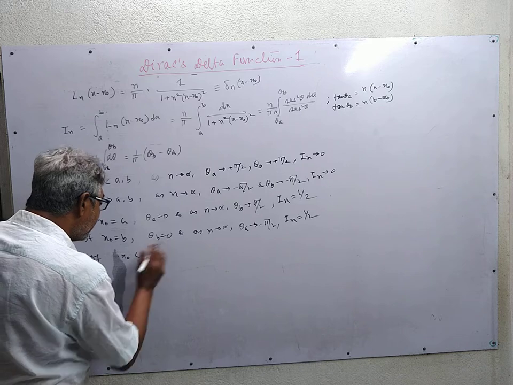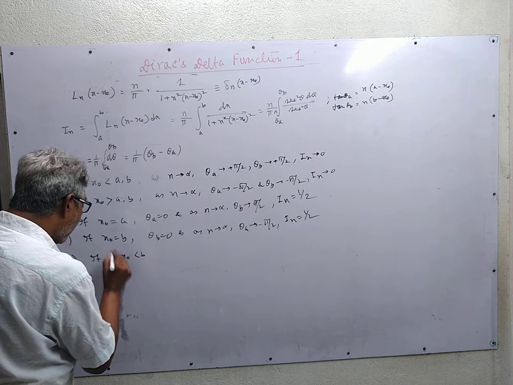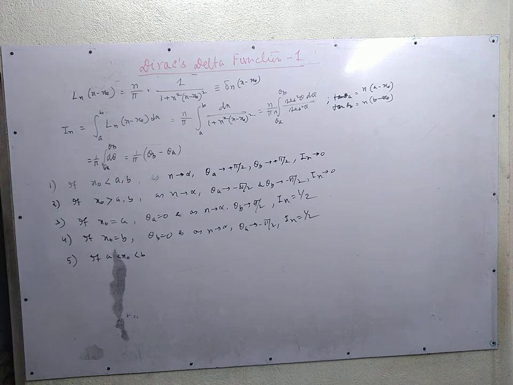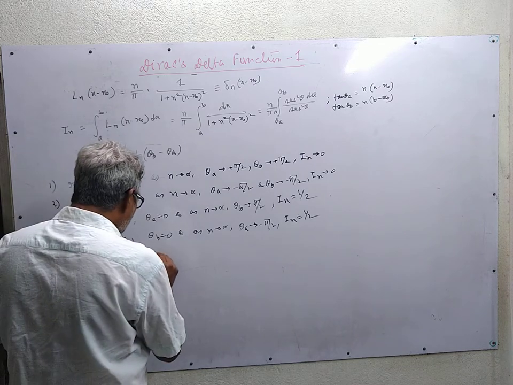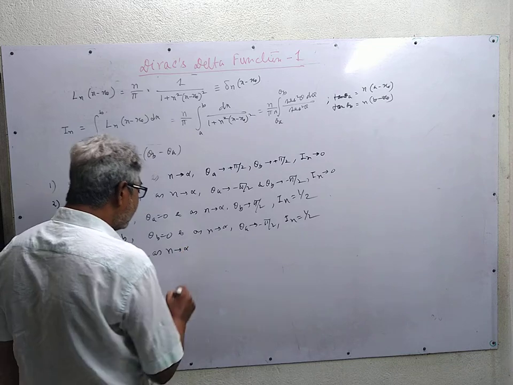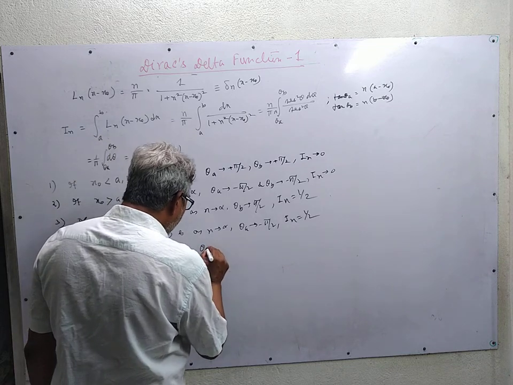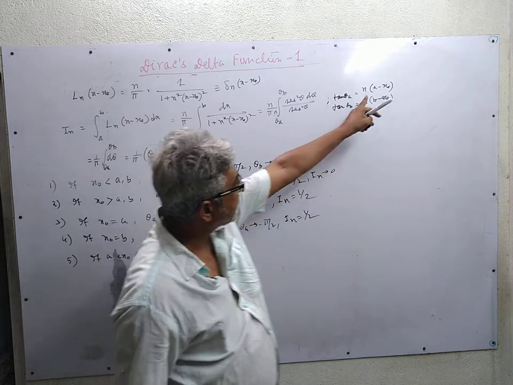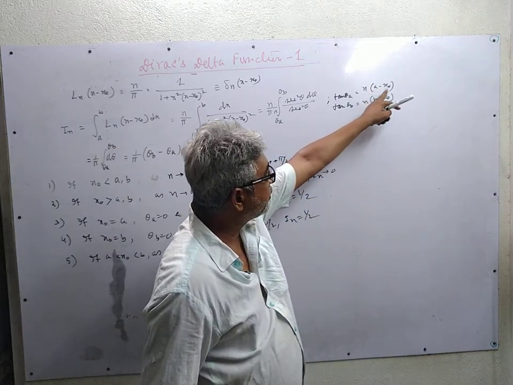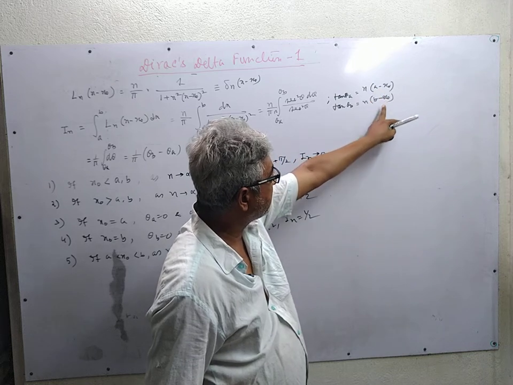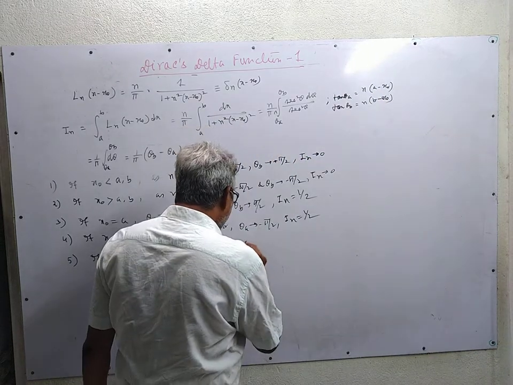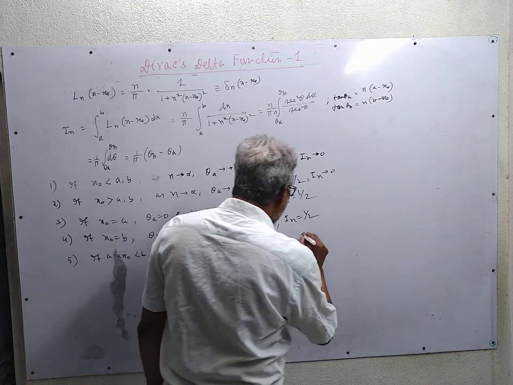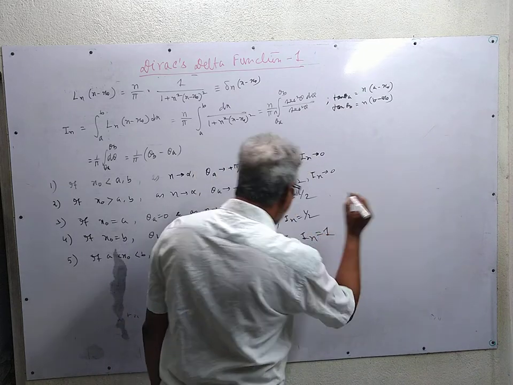And finally, if x0 lies between b and a, in which case as n tends to infinity, theta a tends to minus pi by 2, because x0 is greater than a, so this is negative, but this is positive, and theta b tends to plus pi by 2, so that I n is equal to 1.